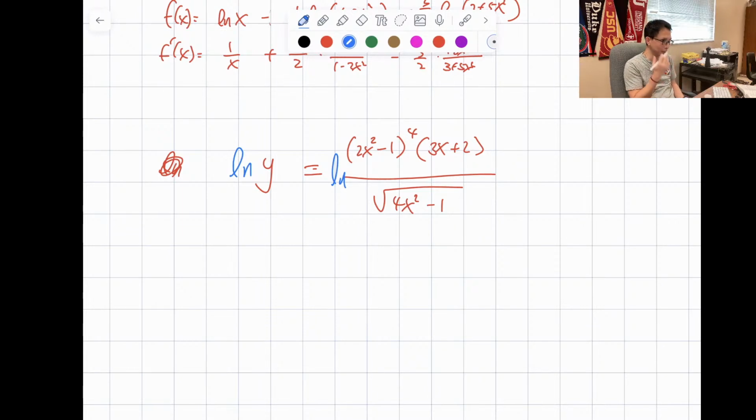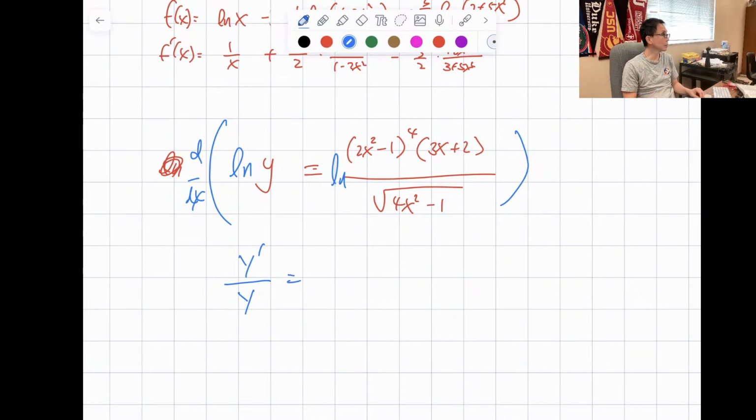So then we're just going to take the derivative of this. But derivative of natural log of y is what? Y prime over y, good. But make sure that you know it's y prime over y, because sometimes people think it's 1 over y, and they end up not getting dy dx.